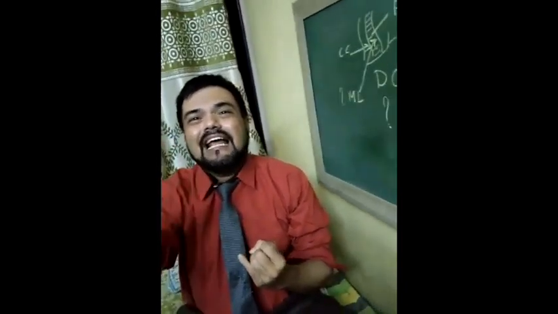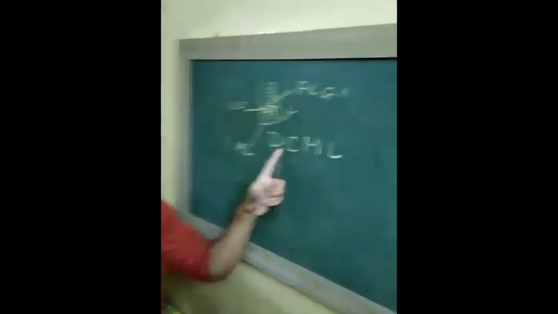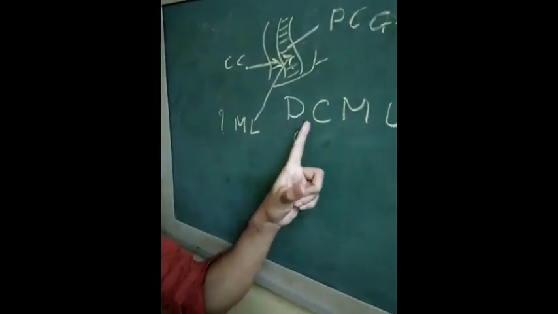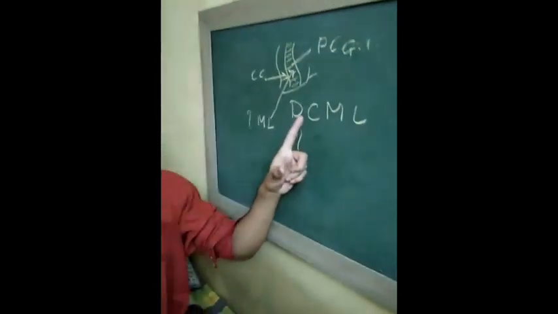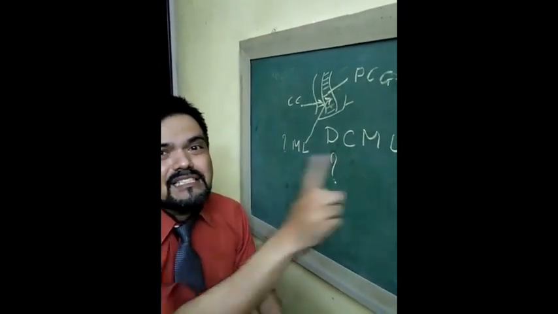From spinal cord, at least remember the next step, that is medulla. After medulla, thalamus. Usually you can say ventral nucleus of thalamus, then internal capsule, and finally post central gyrus. This is called DCML, dorsal column medial lemniscus pathway.